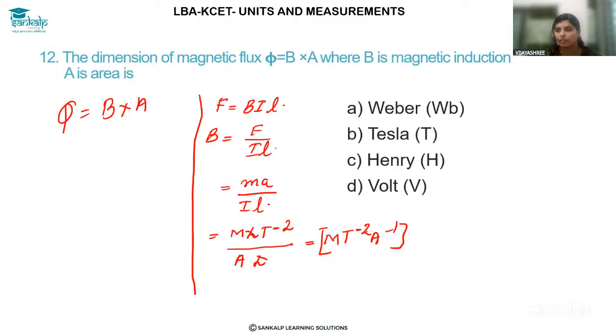M T raised to minus 2 A raised to minus 1 is the dimensional formula for B.